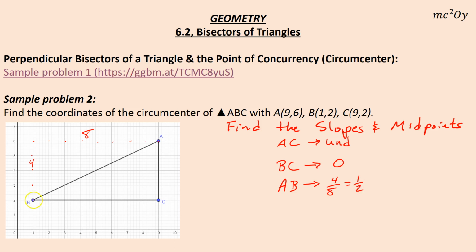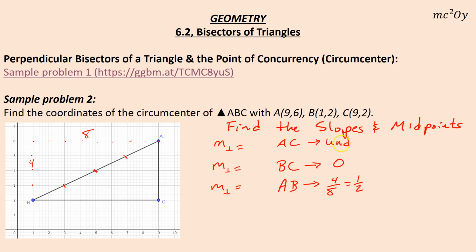Okay, so that means we could just go up 1 and over 2, and then go up 1 and over 2 again, 1 and over 2, and we're there. Okay, so that's our slope. Now to find lines that are perpendicular, we have to take slopes that are inverse reciprocals. Well, that's kind of easy if you're dealing with 0 and undefined.